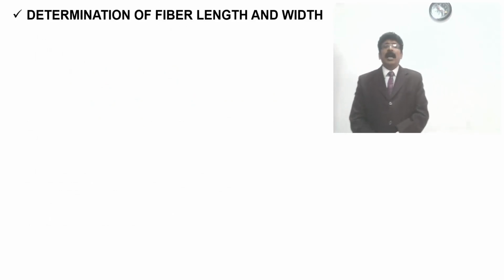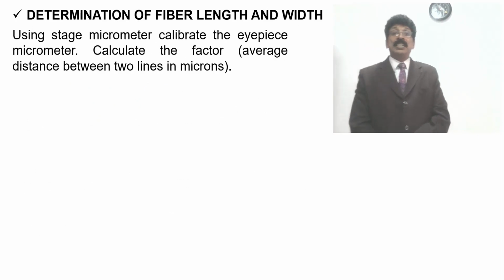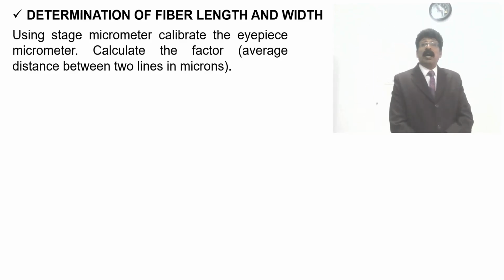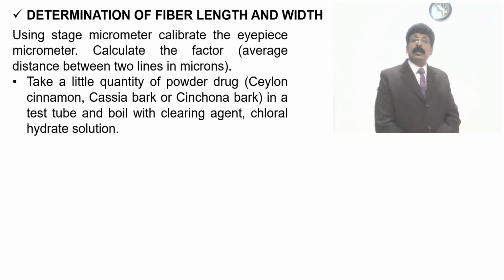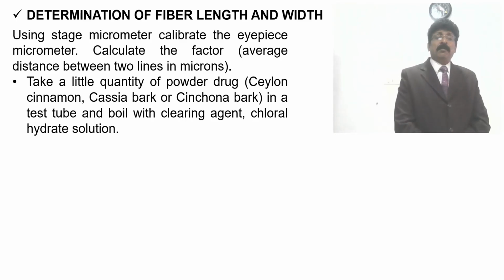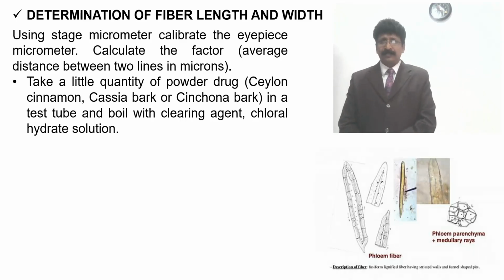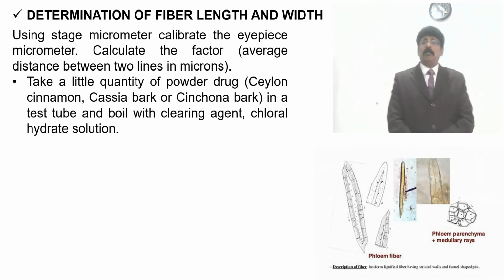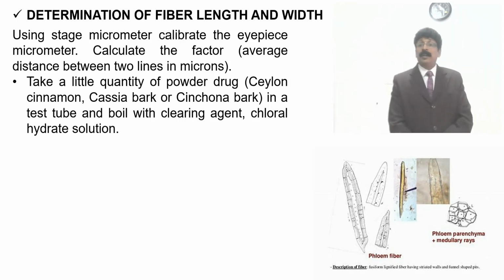Next, the determination of fiber length and width using stage micrometer calibration, which you studied in the last class, and eyepiece micrometer calibration, calculating the factor as the distance between two lines in microns. Take a quantity of powder of Ceylon cinnamon or cassia bark, or cinchona bark, and boil the fibers in a test tube with chloral hydrate solution for clearing. Then stain with chloral hydrate and phloroglucinol, or HCl and phloroglucinol.